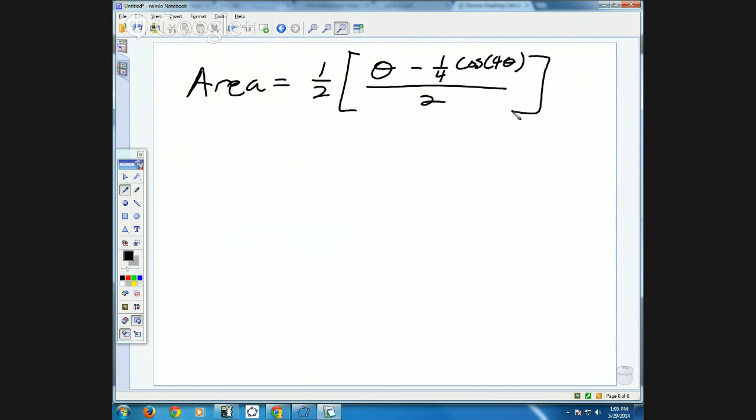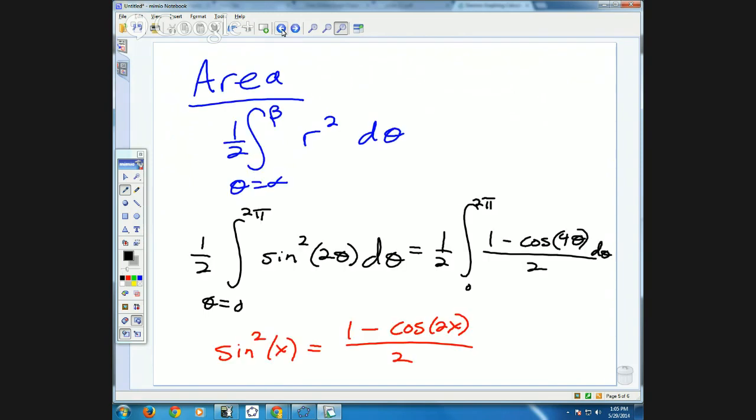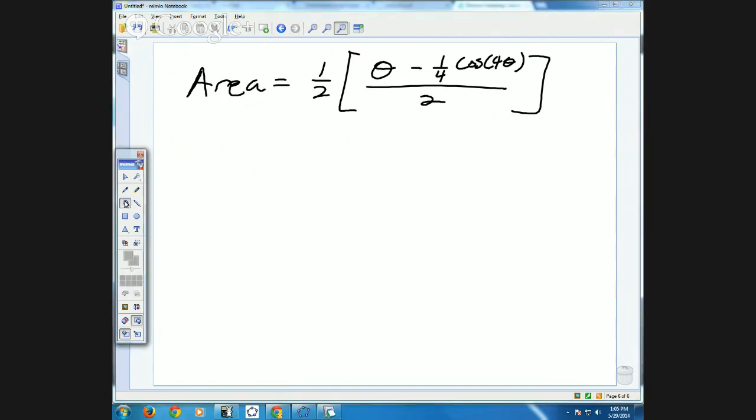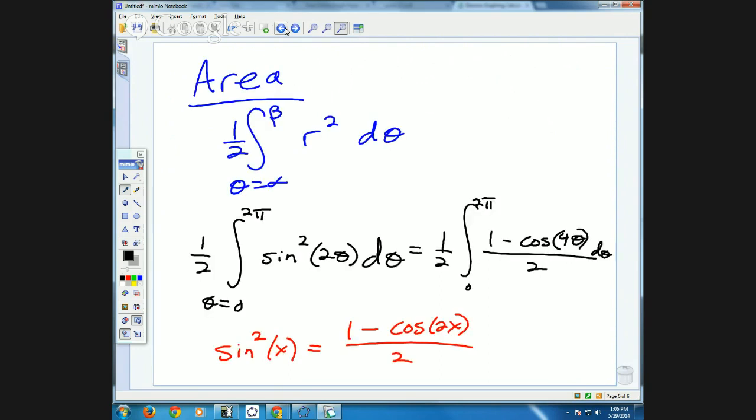Let's go back and look. I'm taking cosine goes to sine. Yeah, it stays negative. Well, I have 2 different halves. I have this half here, and I have this half in there. I didn't pull anything out, except for the original half.